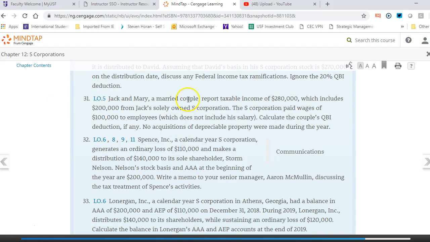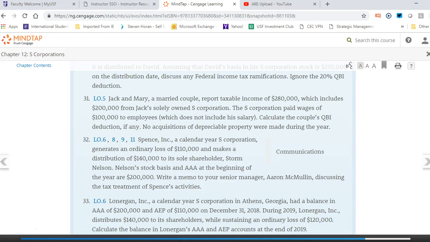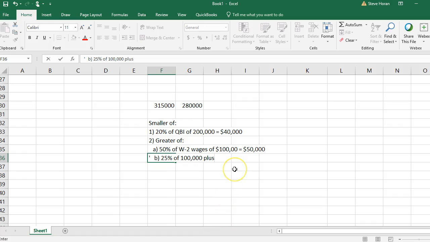There's absolutely no mention of that kind of property in the question. I'm sorry, right here it does mention that. So I can just say 0 because of that. Plus 0. So basically that equals $25,000.